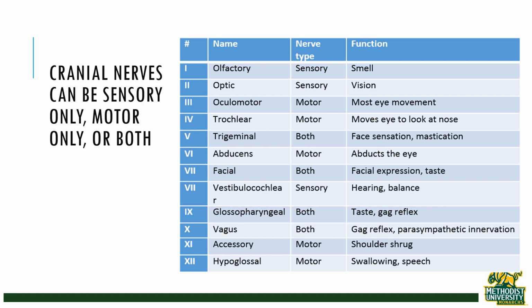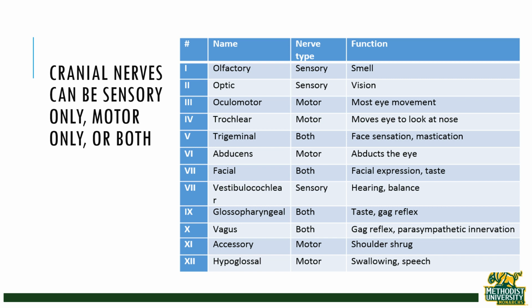The optic nerve, the same, solely sensory. Those nerves that move the eyeballs, 3, 4, and 6, the oculomotor, trochlear, and abducens, are solely motor. That's all they do, they have motor neurons that send efferent signals.